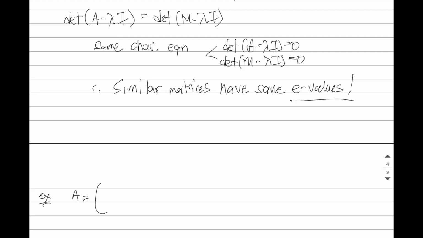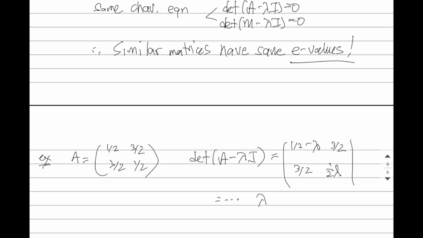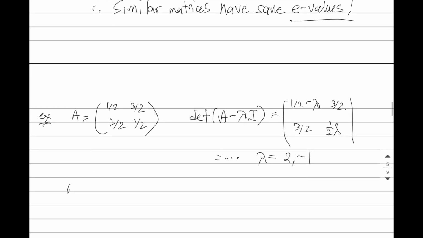Now in the example I was working on, here's the matrix, and if you just want to verify this, calculate the determinant of A minus lambda I; you would form this matrix. What you would find is that lambda would be 2 or -1. Now we found that we were similar to this other matrix. And if you just want to verify it, you'd go 2 minus lambda, 0, 0, -1 minus lambda, and set that equal to 0.